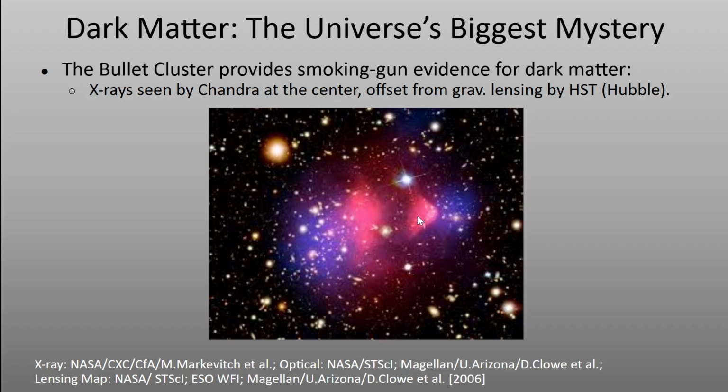If the X-rays were really the dominant form of matter, then the galaxies, which are again quite light, 10 times lighter than the X-rays, you'd expect them to still be in the center here, and for these two objects to have maybe coalesced into one cohesive structure.